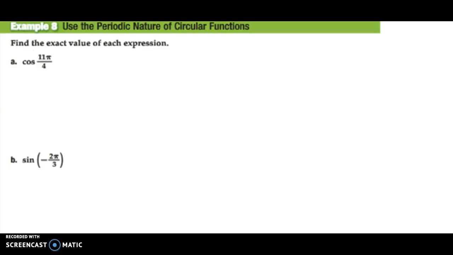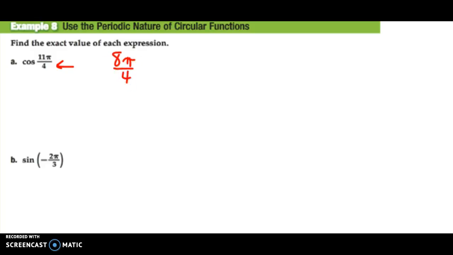All right, so let's find this one right here. Find the exact values of each expression. So if I look at this one, cosine of 11 pi over 4. Now, 11 pi over 4 is not on the unit circle because it is more than one time around the circle. Remember, if our bottom is 4, a full time around the circle, 2 pi, would be 8 pi over 4.